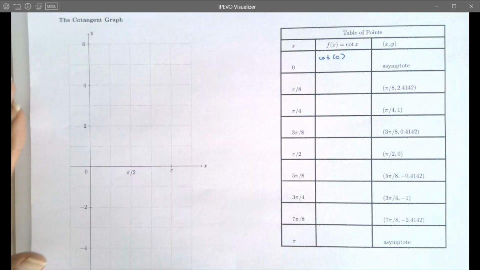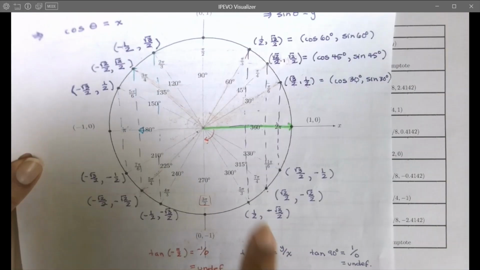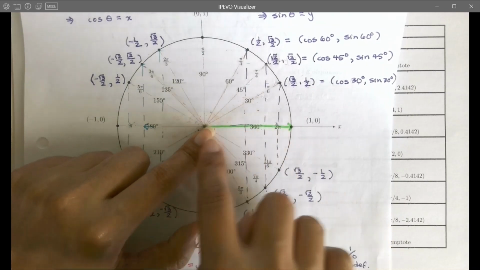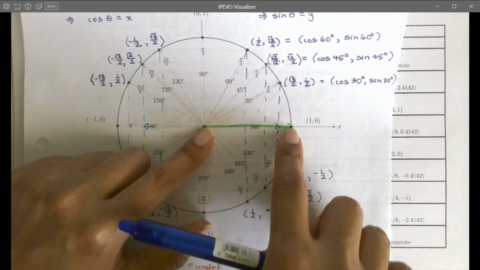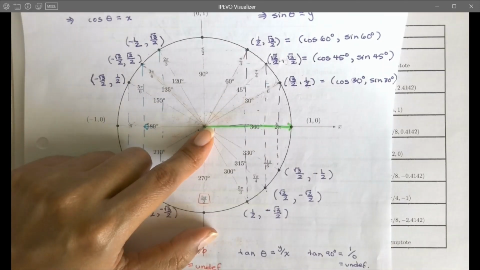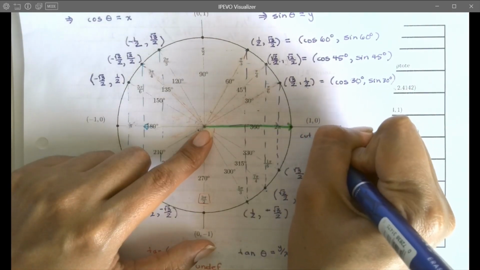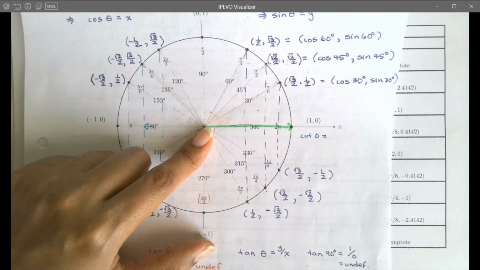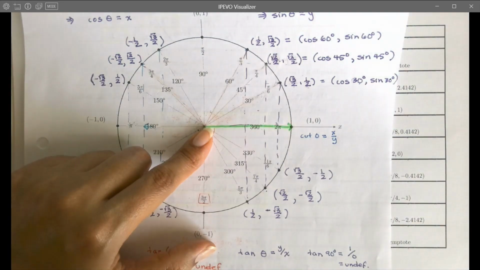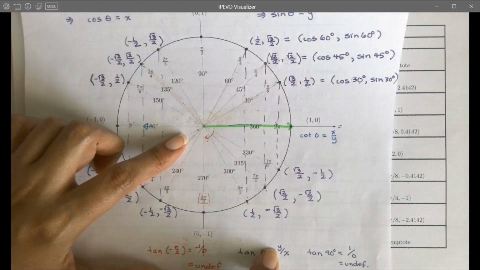since 0 is an angle on the unit circle, I can take a look at what happens at that point. Okay, so this is a 0 angle. Its terminal side did not open, so it stayed where the initial side is. In that case, cotangent of 0 radians is going to be x over y, because remember, cotangent is the reciprocal of tan, and tan is defined to be y over x.